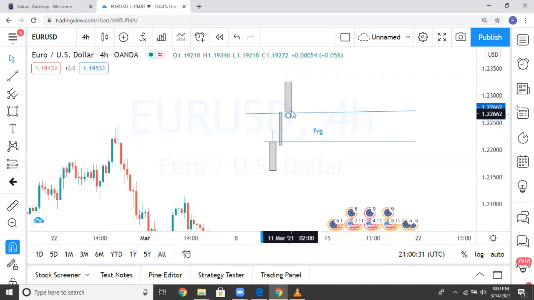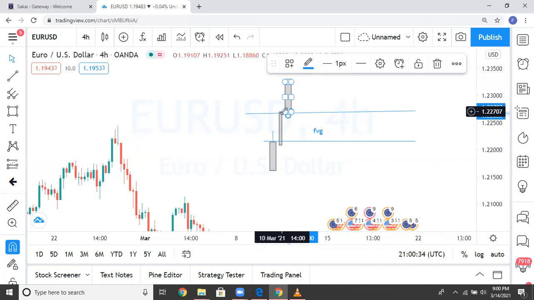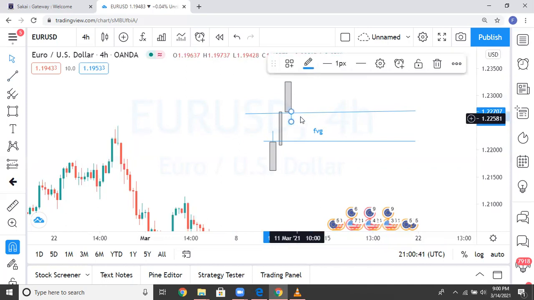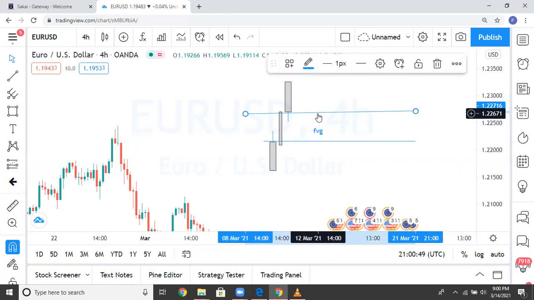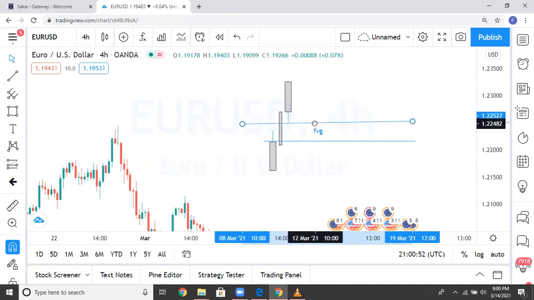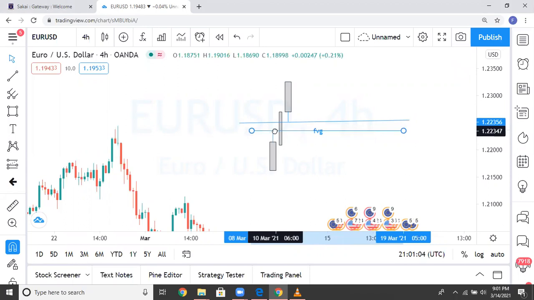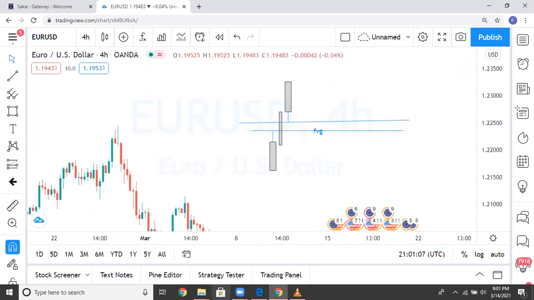Let me add it to this place and see. So here will be the gap. So here and here, can you see? Because that's the gap.